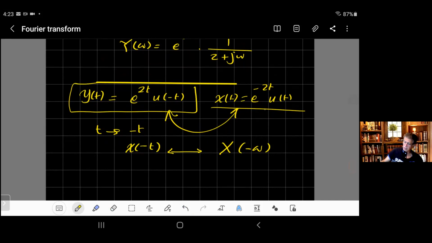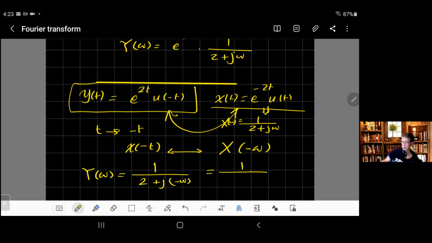Remember that the transform of this function is 1 over 2 plus j omega. That's your X of omega. So for the new one, Y of omega, we'll just write the same thing, and the only thing we're going to do is replace omega by minus omega. So the answer will be 1 over 2 minus j omega.